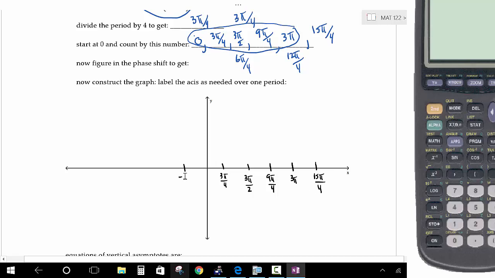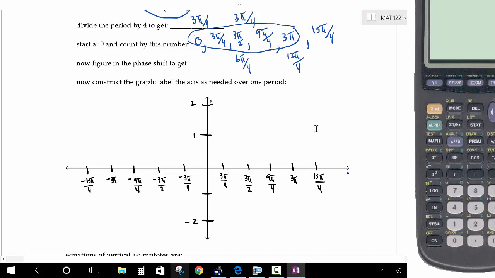Go ahead and do that. It looked like we had an amplitude of 1/2 on this, so let's go up maybe, I don't think we have a vertical translation, so let's go to 1 and 2 like that. That way we'll have enough room to sketch in the wave that we have.